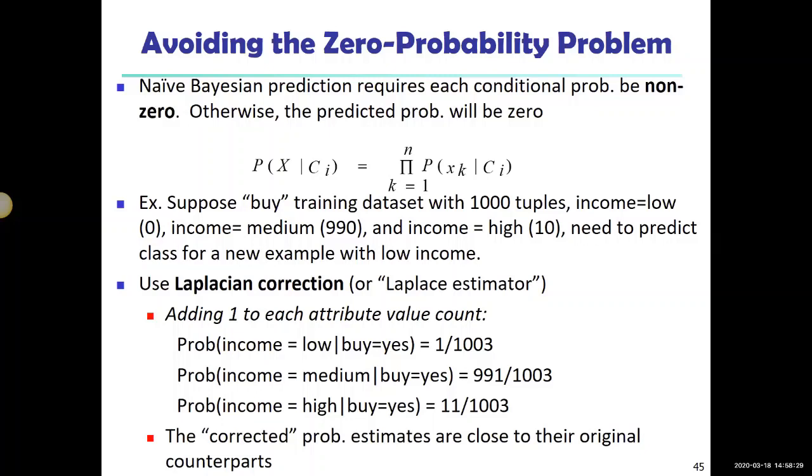So after the Laplacian correction, how does it decide what class, for example, low income is, because it doesn't have any samples to train on? Right, exactly.